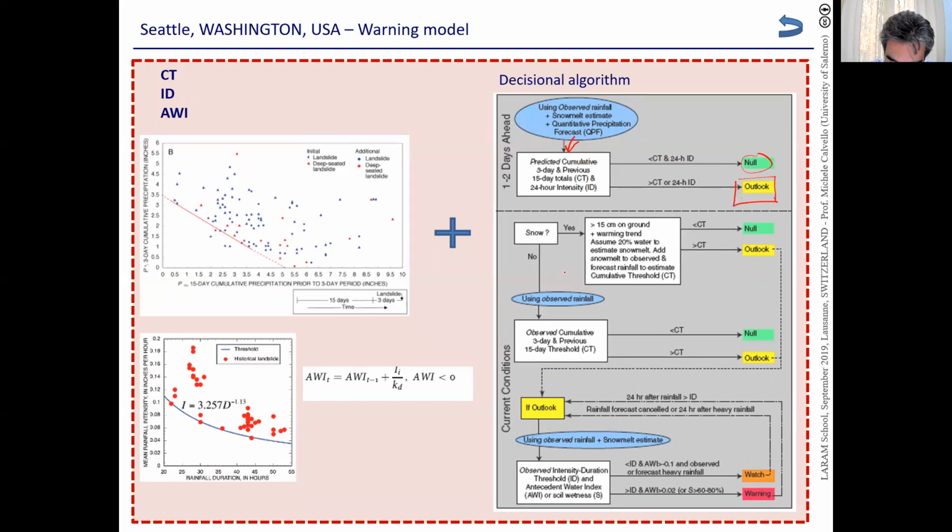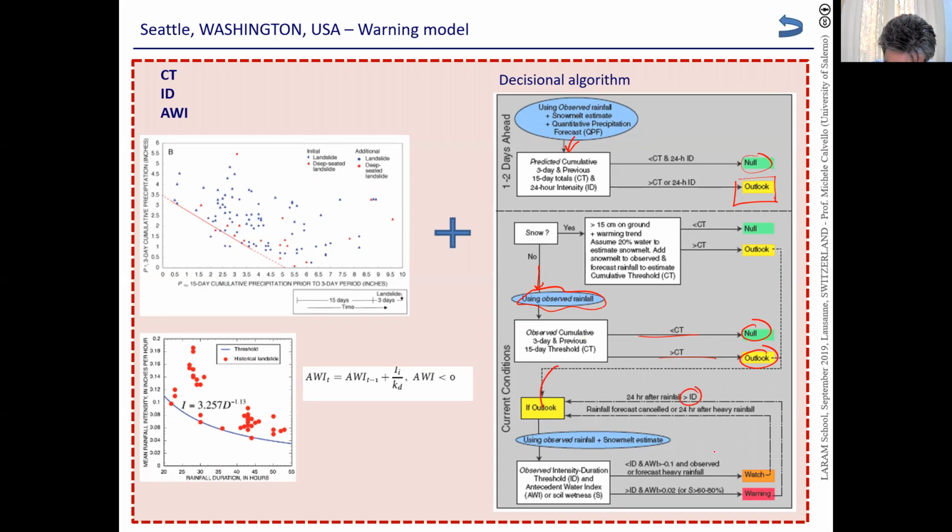But then you move on, you observe the rainfall, and again you check CT yes, CT no. If it's no, you stay in green, you go to yellow, but you can move on checking the ED.